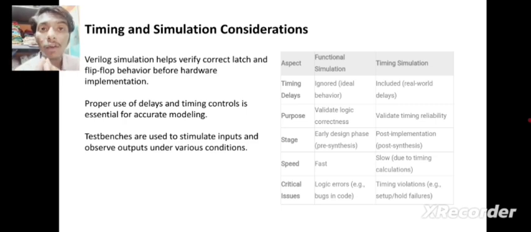The proper use of delays and timing controls is essential for accurate modeling, and test benches are used to stimulate the inputs and observe the outputs under various conditions.